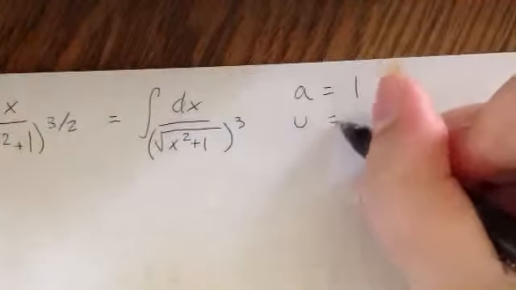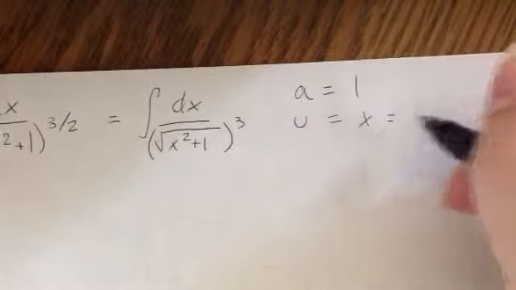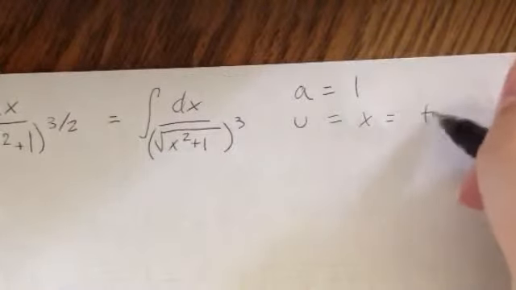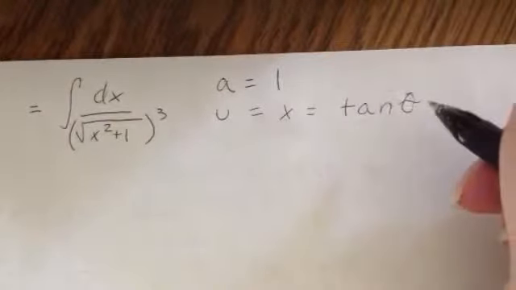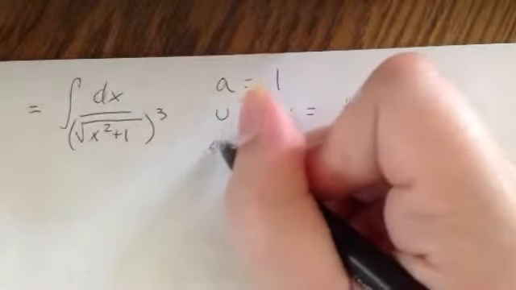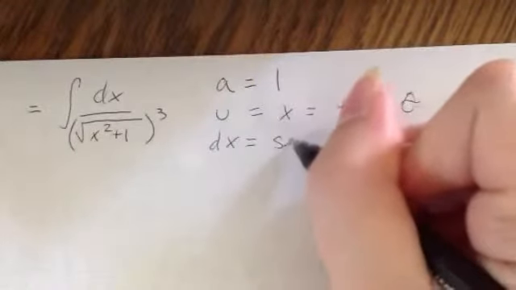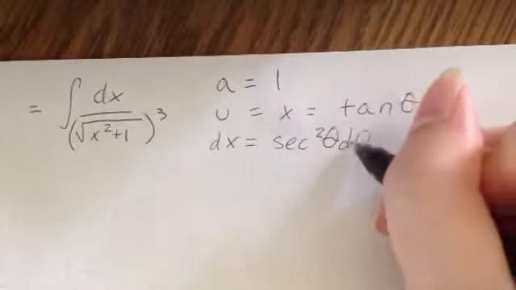A is 1, and u is going to be x, which is also going to be tangent of theta, because the expression is x squared plus a squared. Dx is going to be secant squared theta, d theta.